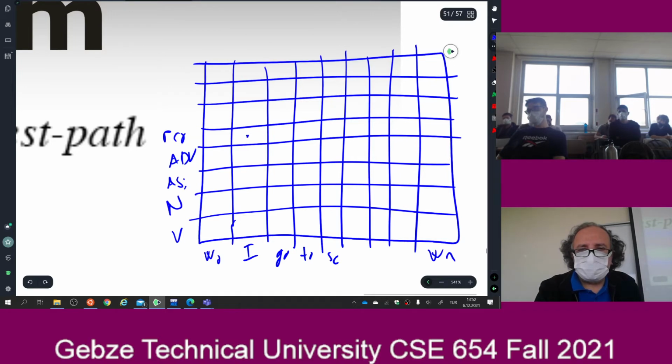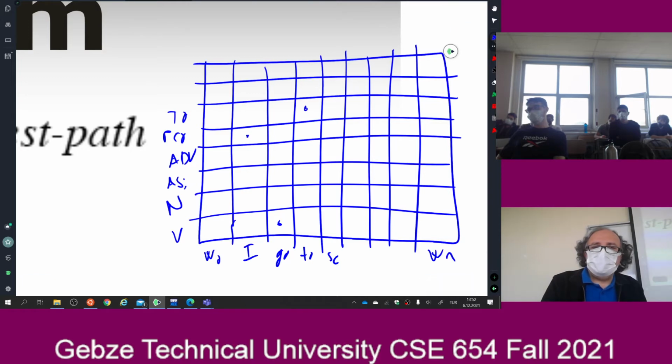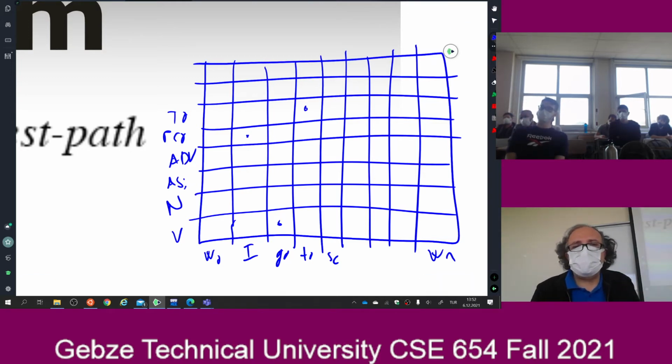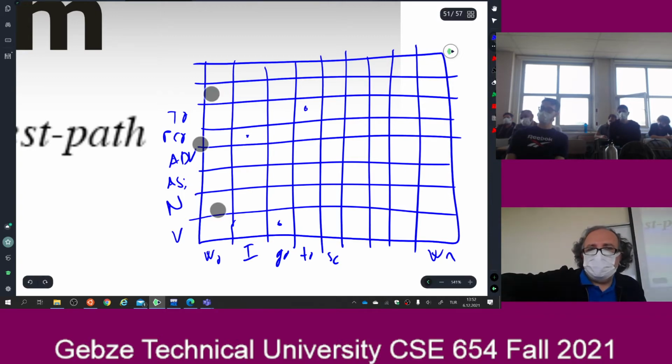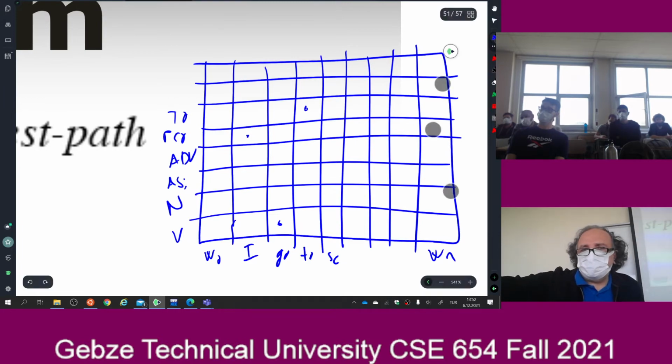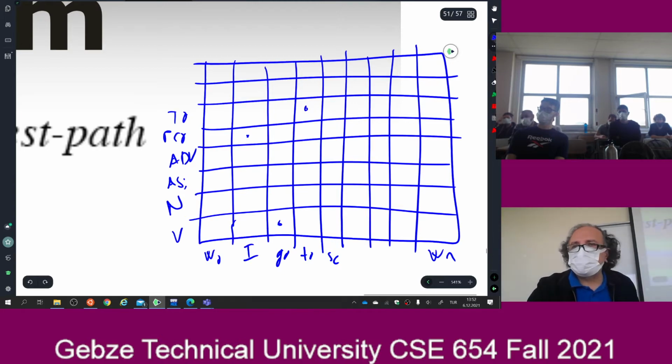If I am picking this one, it's a verb, and picking another has its own class, right? So I am going to find a path from this end of the matrix to this end. It is going to be like this. Let me use a different color.